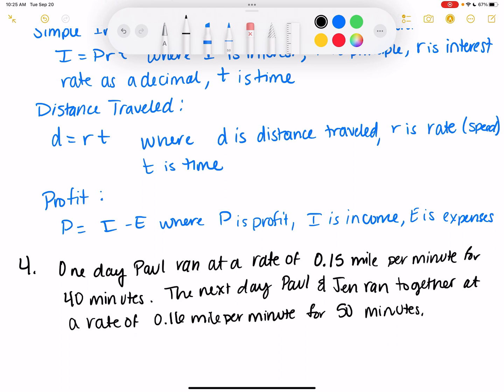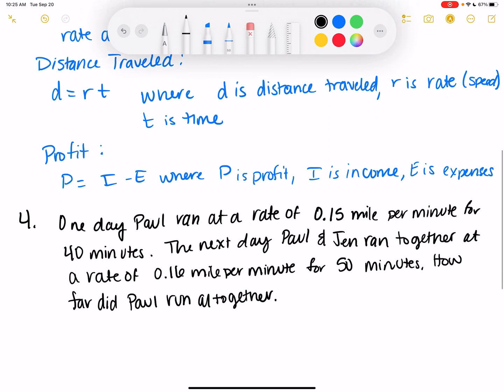How far did Paul run altogether? I'll let y'all get that down and then we'll walk through what it's looking for.